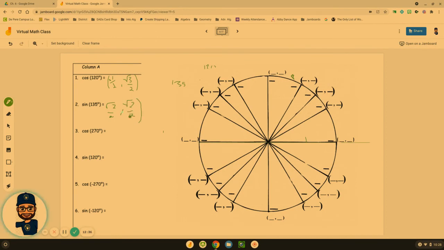Which one is negative in the second quadrant? Again, it's the x coordinate. Cosine of 270. 90, 180, 270, right here. We're right here. What's the ordered pair? 0, negative 1. But what's the cosine? Which one's the first? It's 0.